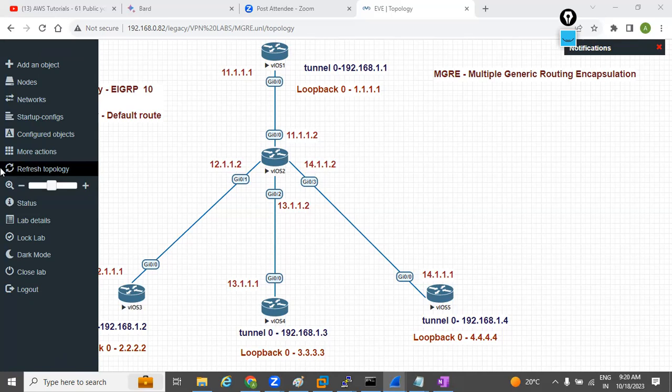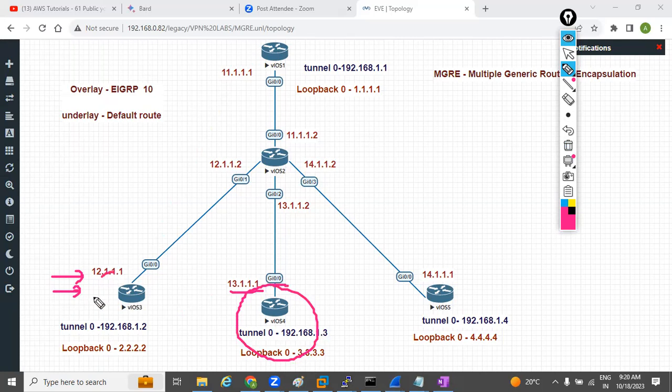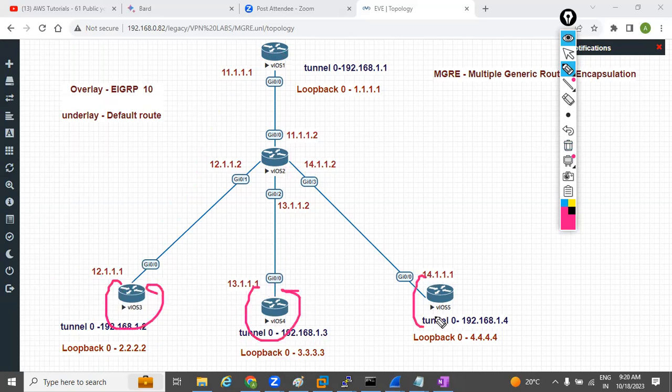Actually, that was a static concept. Because yesterday we were manually defining that I'm going to exchange my unicast or dynamic IP with whom? With spoke 1 or between spoke 2. So yesterday the communication was not happening via hub. Today they are exchanging everything with whom? NHS.